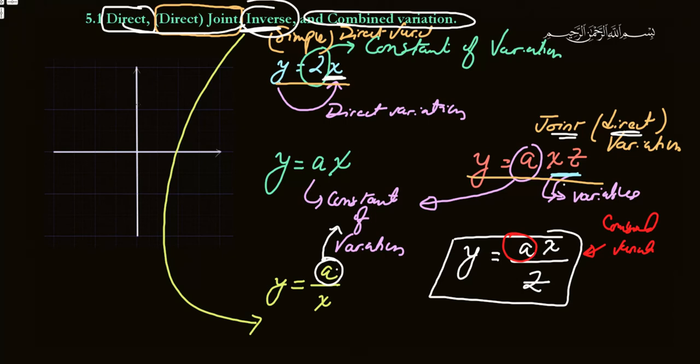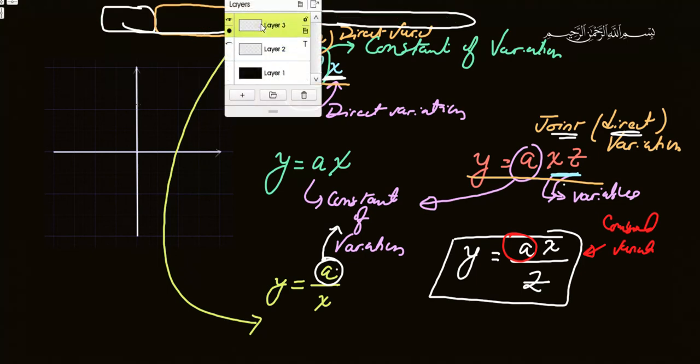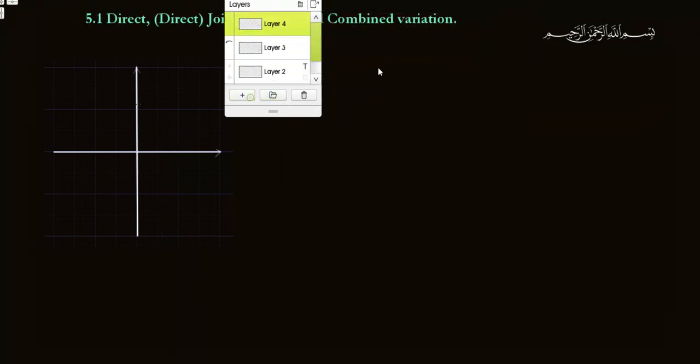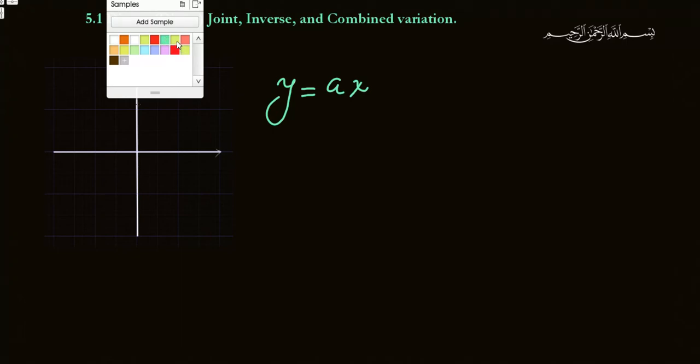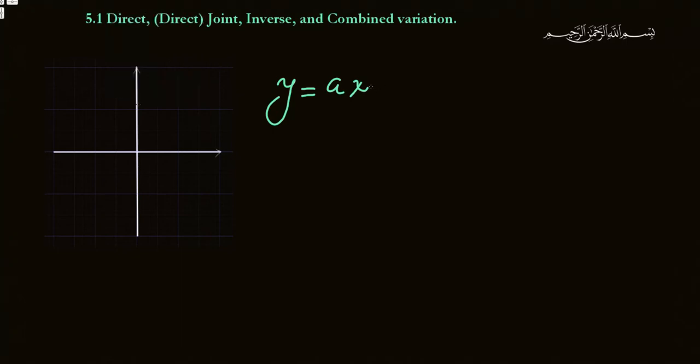All right. Now, I wanted to bring to your attention here. If you were to graph something like y is equal to ax, this would be a line. That is, the graph of direct variation is a line because it's like y equals mx plus b, except the b is missing or b is 0, right?